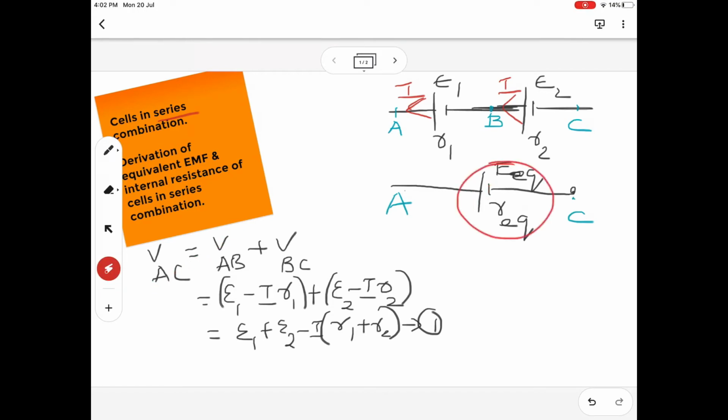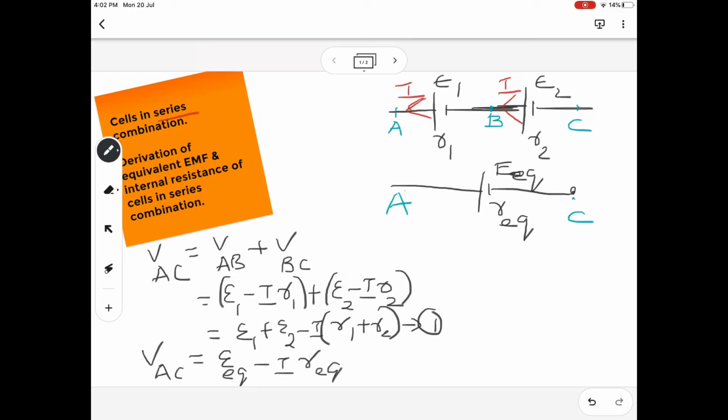Now we'll write VAC with respect to the second figure in which the equivalent cell is connected. VAC is the potential difference between A and C, or the terminal potential difference for the equivalent cell, which is E equivalent minus I into R equivalent by the theory of cells. So this is number 2.